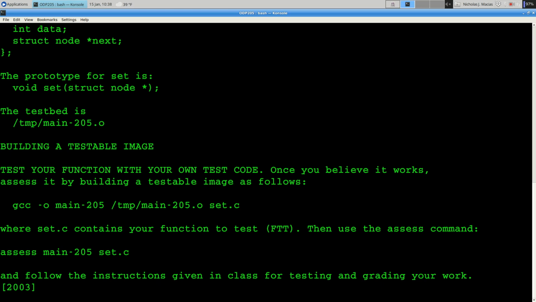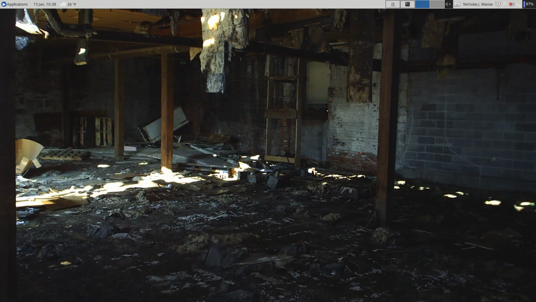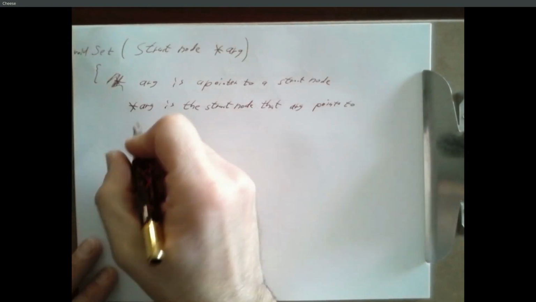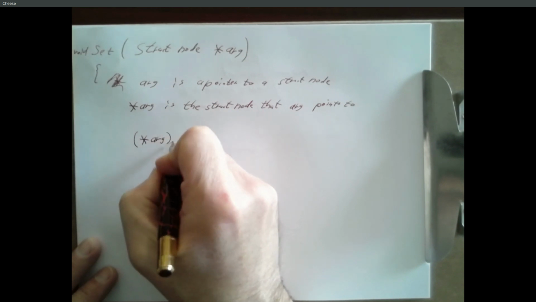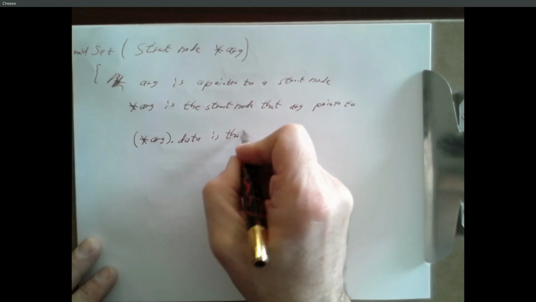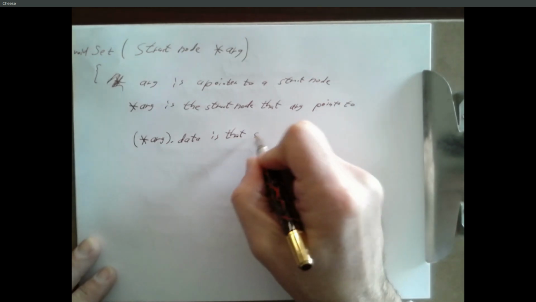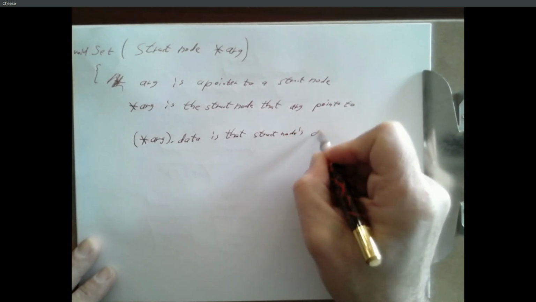And a struct node has two fields. It has a field called data and it has a field called next. So let me put in some parentheses. Star arg dot data is that struct node's data field.